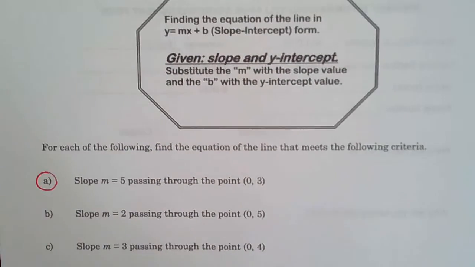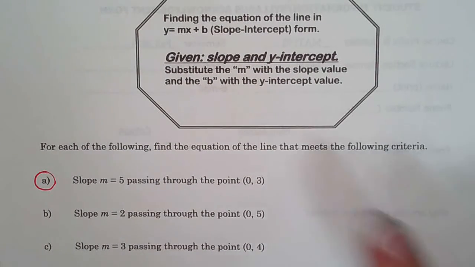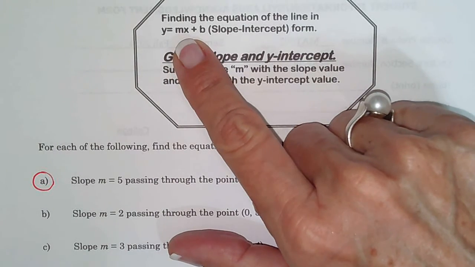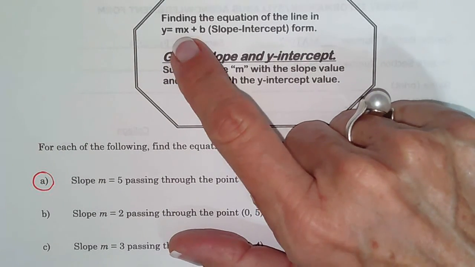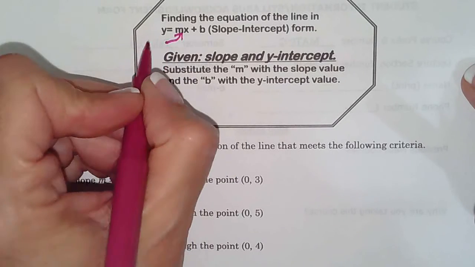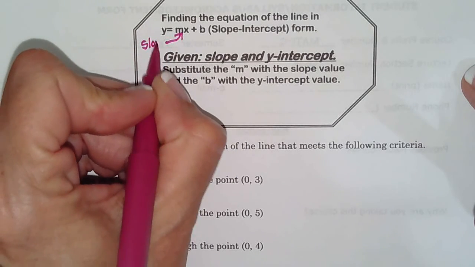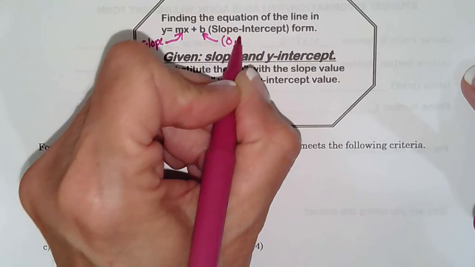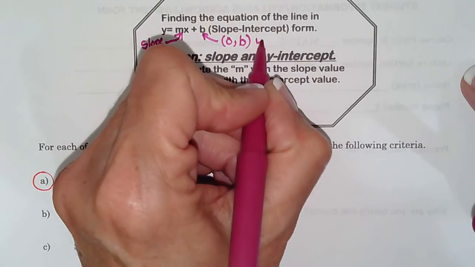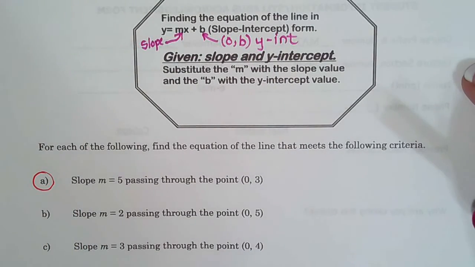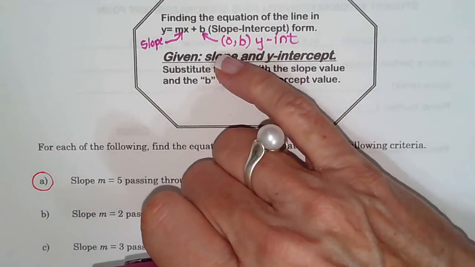Okay, so when we're given the slope and the y-intercept, well, that's perfect because we have slope-intercept form, which m, remember, is the slope, and 0, b is the y-intercept. And remember, in order to be the y-intercept, the x has to be 0.